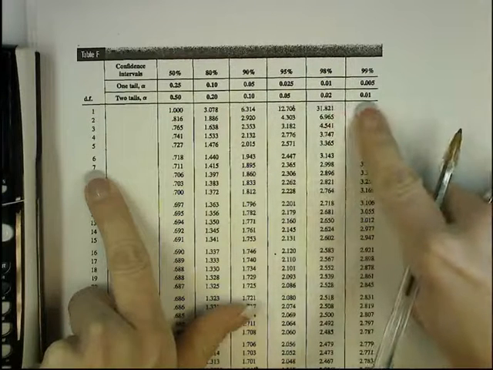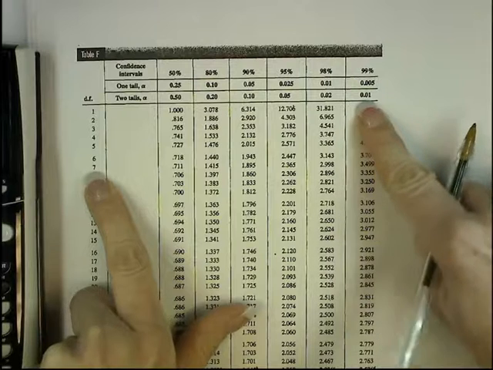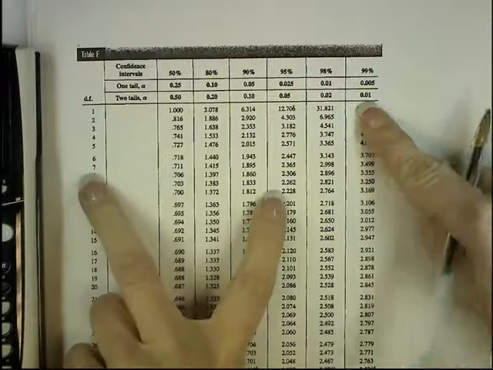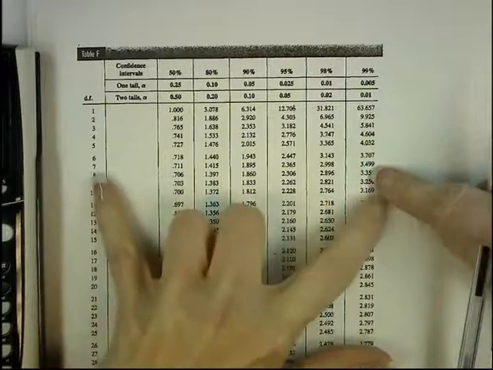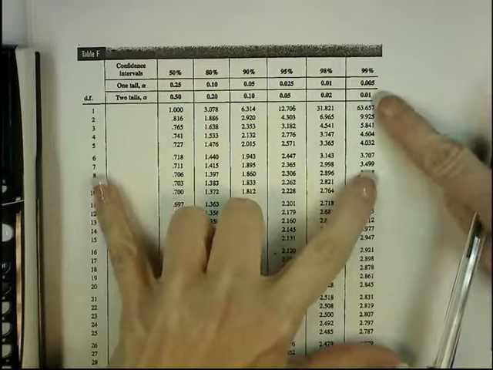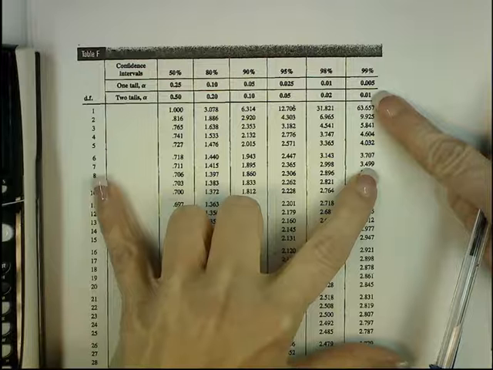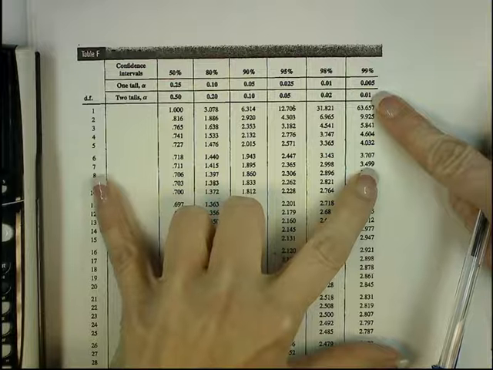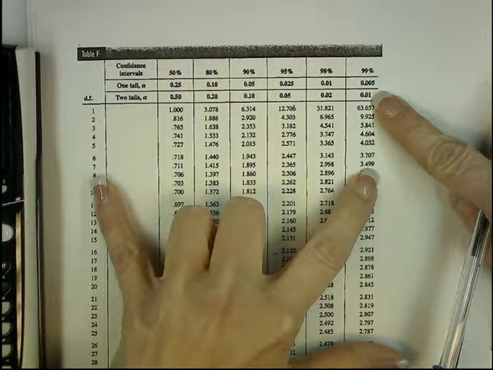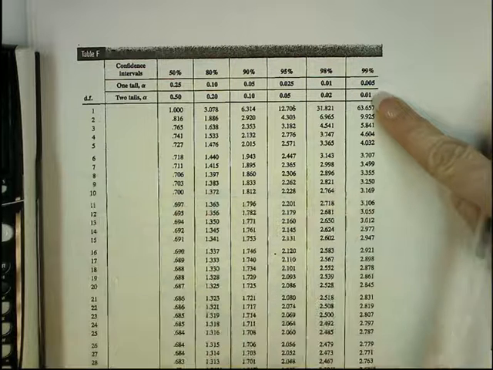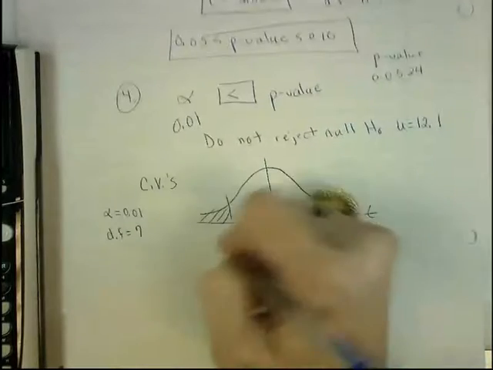And here's the 0.01 and here's row 7. Your two fingers meet at plus and minus 3.499. And those would be your two critical values which determine your two rejection regions. 3.499 plus and minus. And I'll write that in the picture.